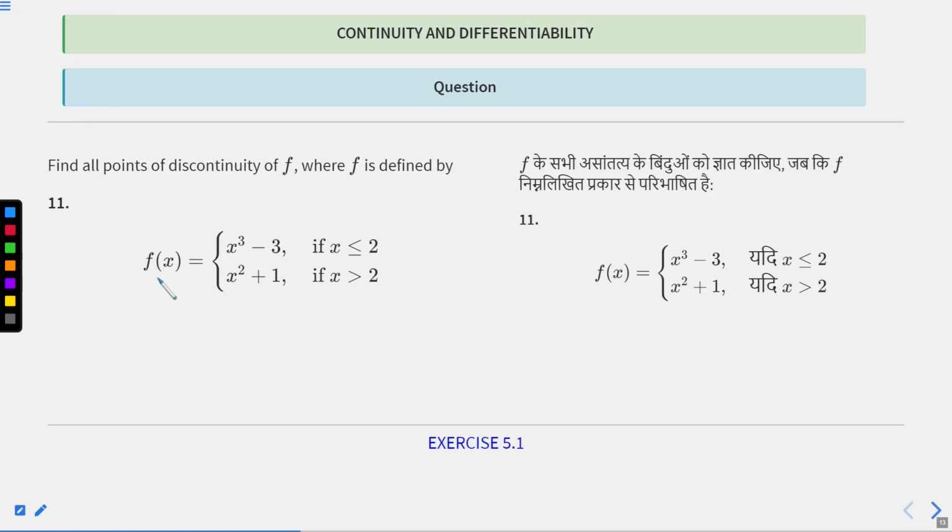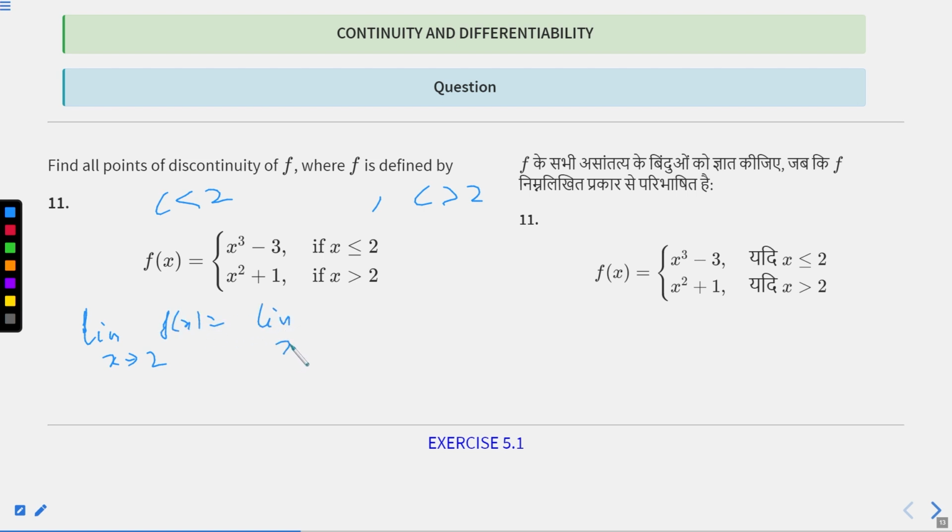So this is the 11th problem. Now the same thing. Pick c as less than 2, and c as greater than 2. If so, limit x tends to 2, your f of x will be what?